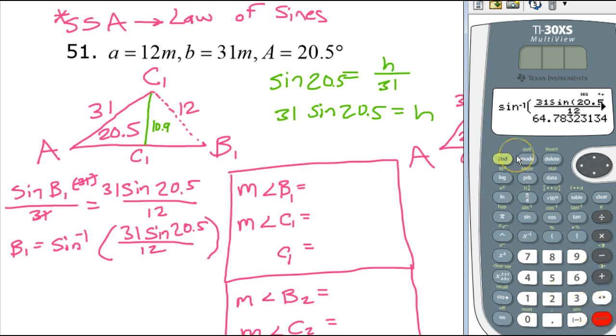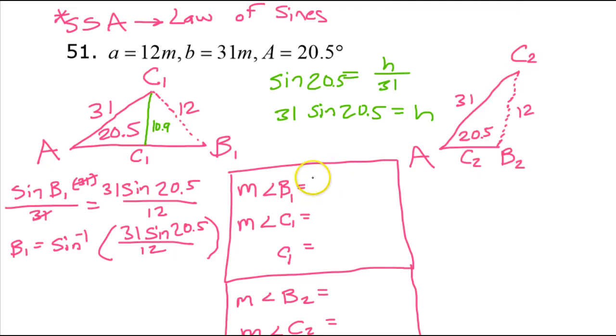So that is 64.783 degrees. Okay, now I can easily find the measure of angle C because they all have to add up to 180. And right now I have 2 out of 3 angles.